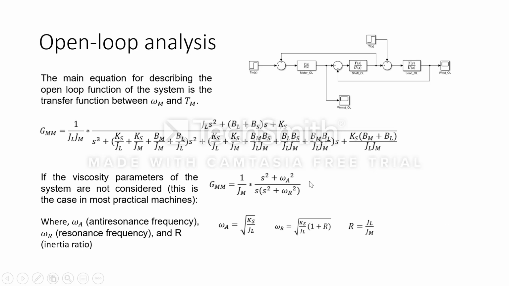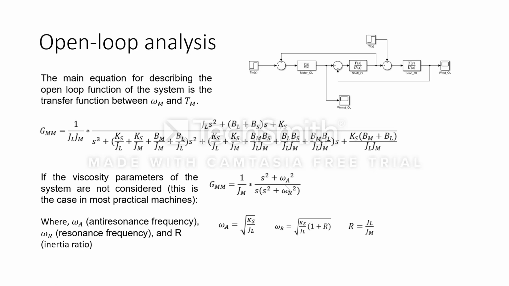So in here I present the transfer function of the motor speed. However, for a more realistic approach, the viscosities of these systems are not taken into account, since the friction losses are very negligible in real operation.